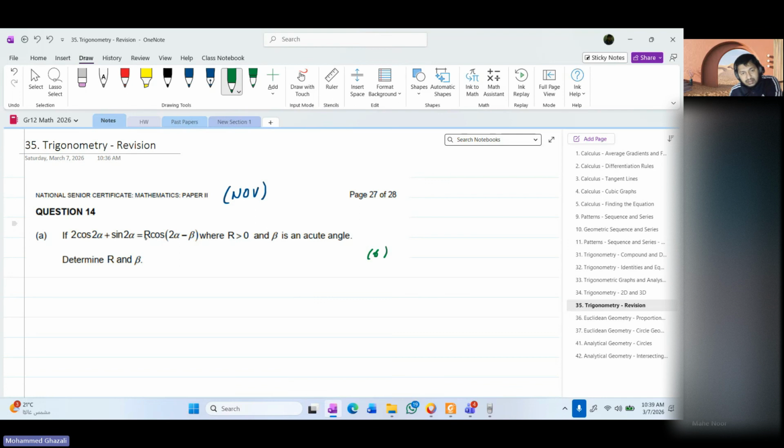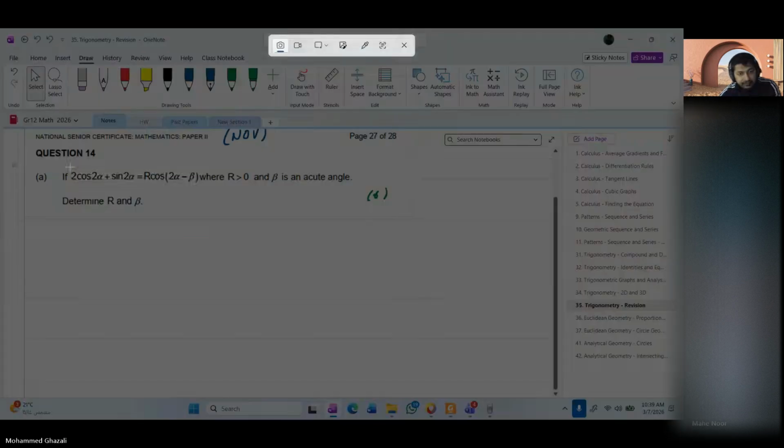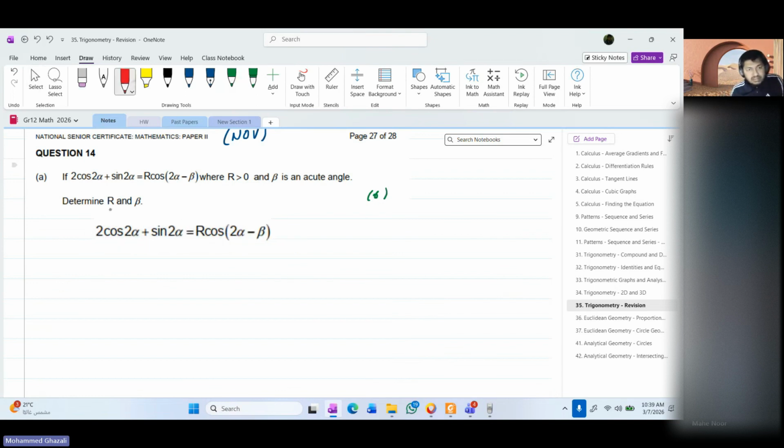I would expand R here, so I will take this equation and expand that part first. I will start by using this equation to solve for R and beta, because this is the condition that is given. So this is my solution.